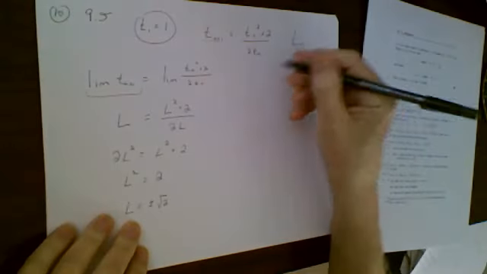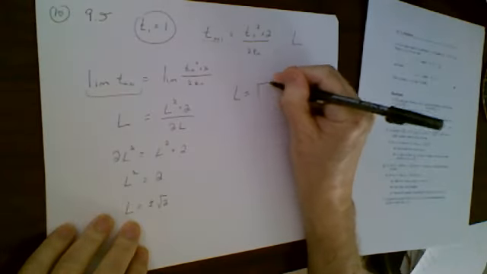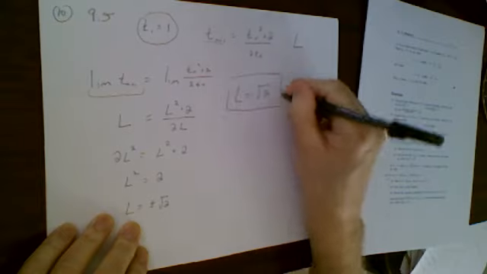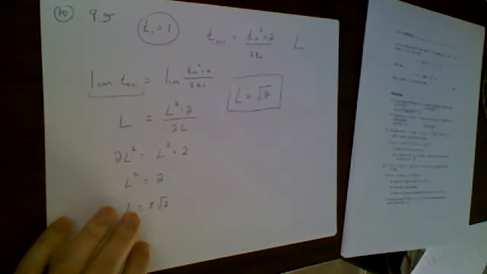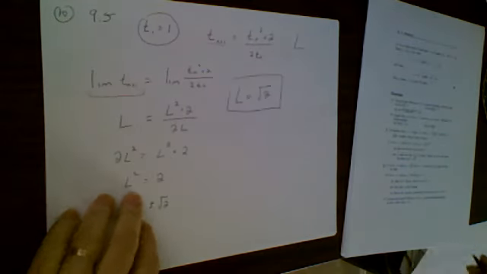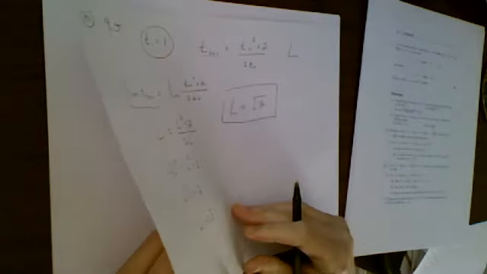So the only two candidates to be the limit are plus or minus the square root of 2, but negative square root of 2 can't possibly be the limit. So if the limit exists, it has to be the square root of 2. That takes care of 9.5.